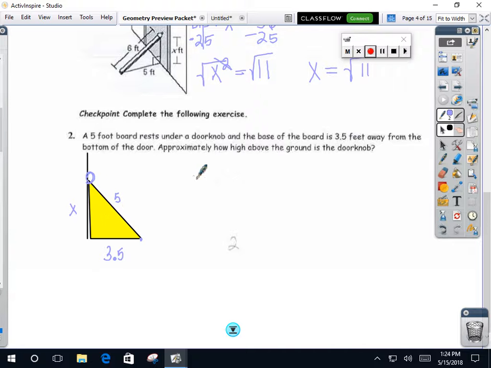Okay, so it's a right triangle because whenever the door and the floor come together, that forms a 90-degree angle. And so you use the Pythagorean theorem. What could we plug in for A? Right? Or you could have put X, because A and B, it doesn't matter what you do. But if you put 3.5 there, now you need to put X there. And then your hypotenuse, which is always across from the right angle, is 5 squared.